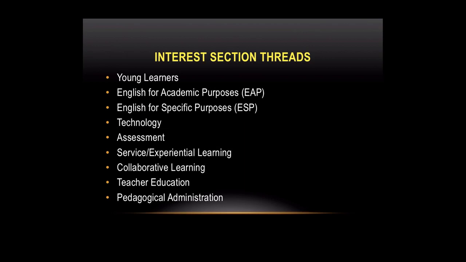The next one is collaborative learning, teacher education, and pedagogical administration. So when you're thinking about your proposal, think about which areas these would mainly be targeted to. And you could have more than one.